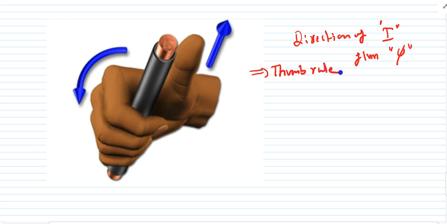Suppose this is the conductor, which is held by the right hand, and this is the direction of the current I. Then the thumb is showing the current direction.